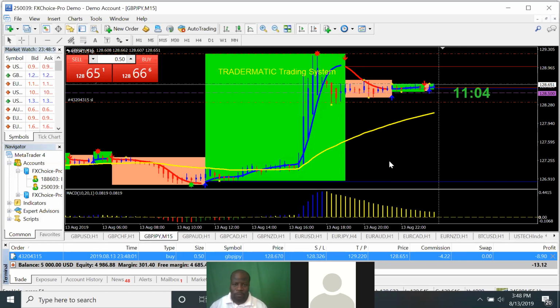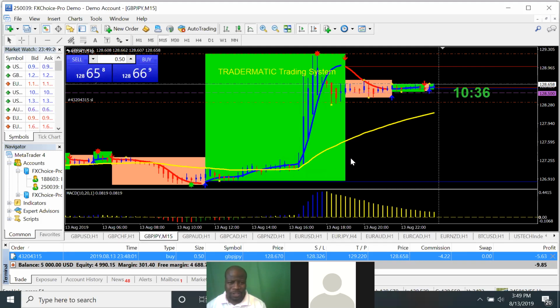Let's assume that our analysis was wrong and the trade goes against us. We'll be risking $161, which is okay. From a $5,000 account, that is not bad. But if the trade goes in our favor, we'll be making $257. So that is like a ratio of 1-to-2. So this is how you trade. Then you also need to understand how to manage your trade.